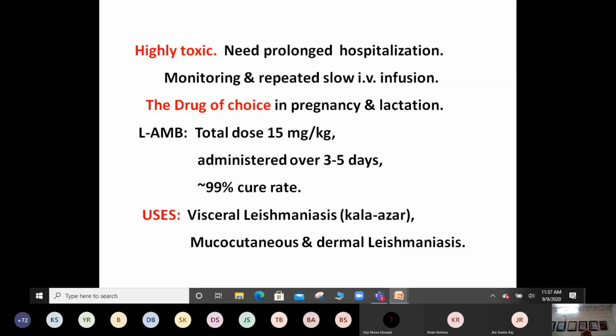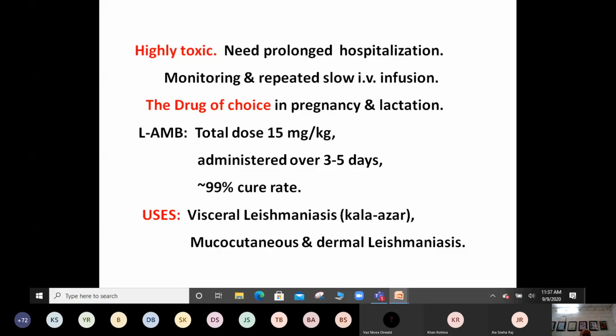Then repeated slow IV infusion. The drug is given intravenously, as a slow infusion. It is injected along with normal saline or glucose slowly, and the dose is repeated.